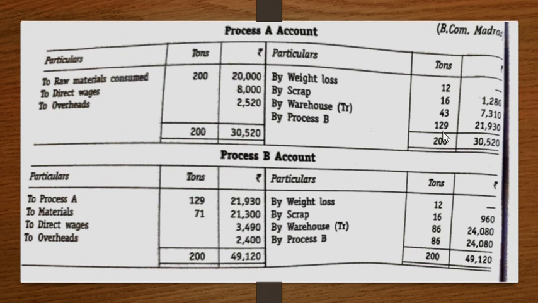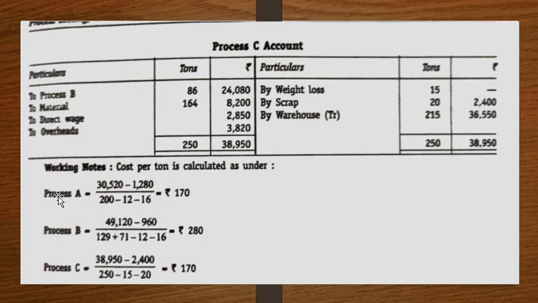Now for this we will calculate the cost per unit for the amount which is transferred to the warehouse and for the tons which is transferred to the next process. What is the formula for it? It is the same as mentioned here. For process A, the cost per unit formula will be used, which is nothing but total cost minus normal losses incurred, divided by total number of units introduced minus normal loss units.